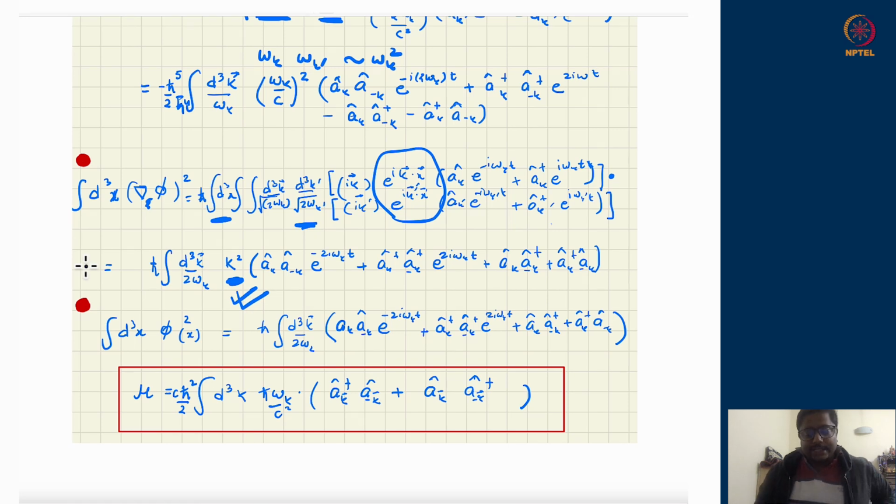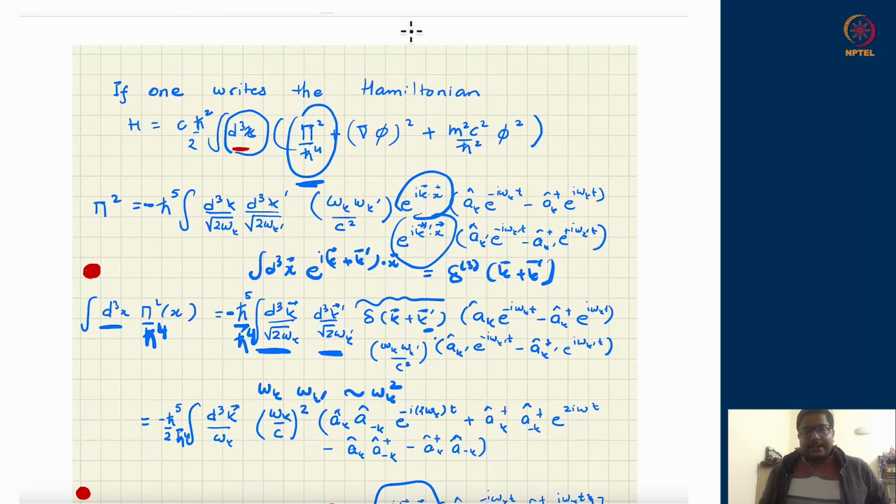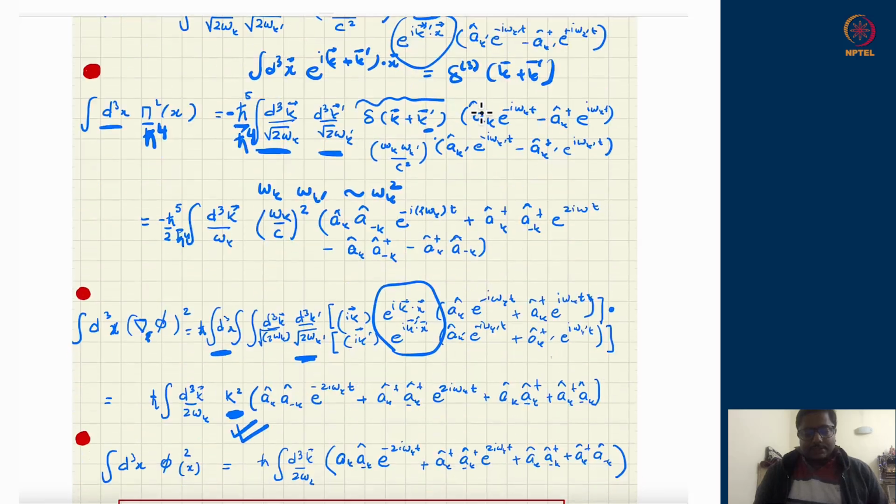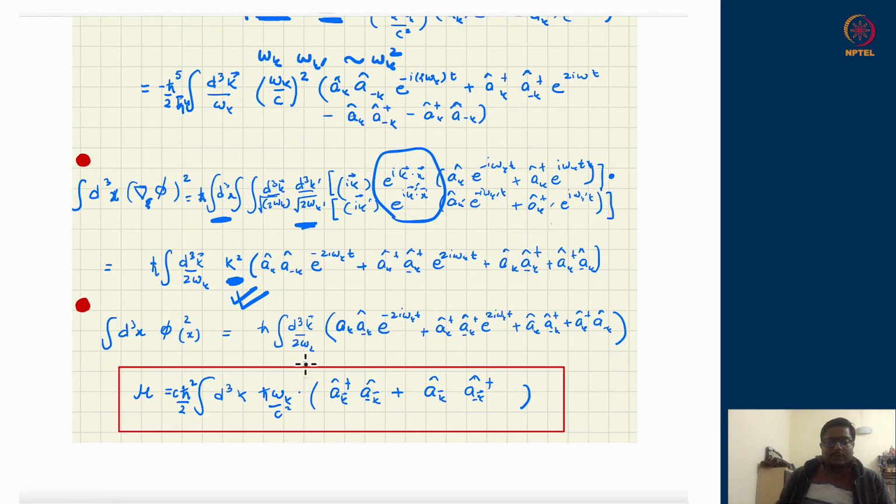Okay. Lastly, I have a phi square which I need to evaluate. So that means I have to just take twice of the same thing, phi, which was d3k of root h bar outside, if you remember. Then there was a ak e to the power I omega t plus ak dagger e to the power minus I omega kt and e to the power I k dot x.